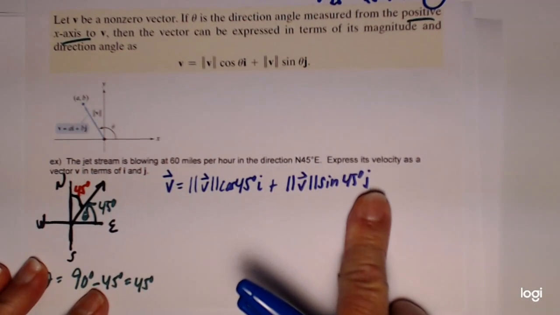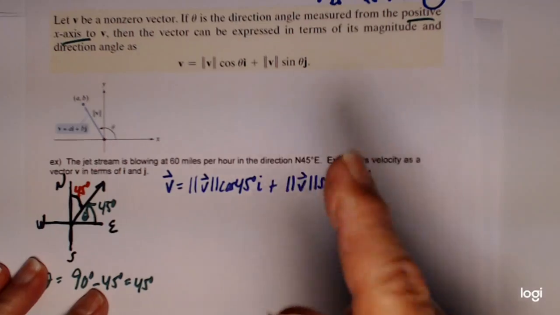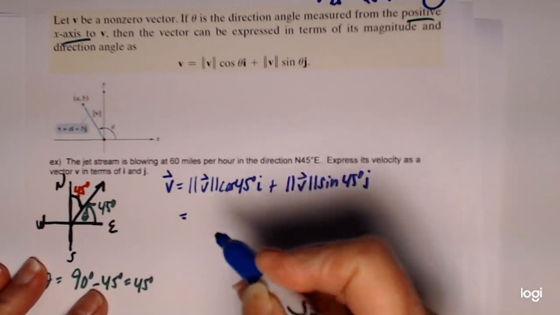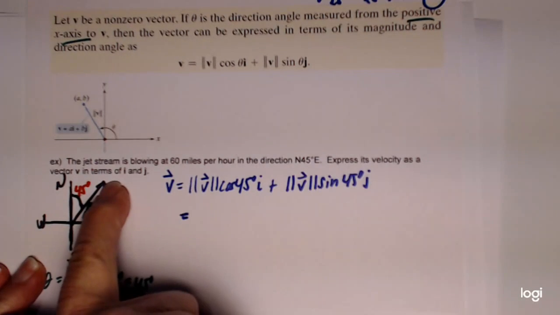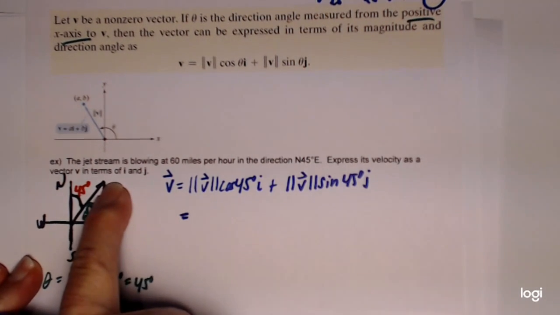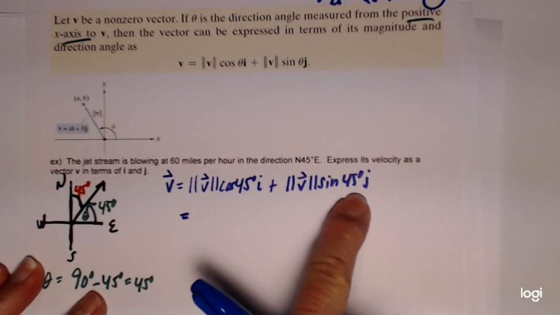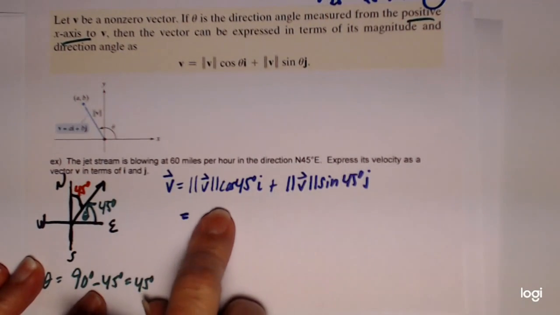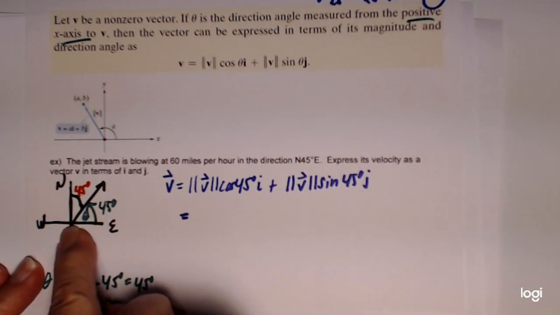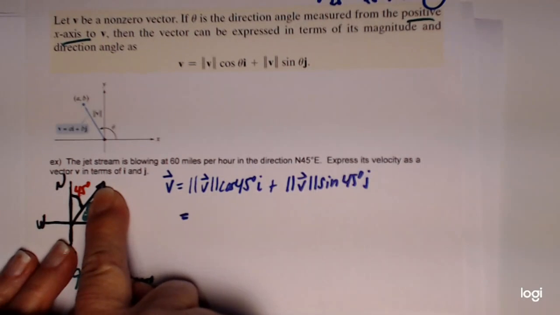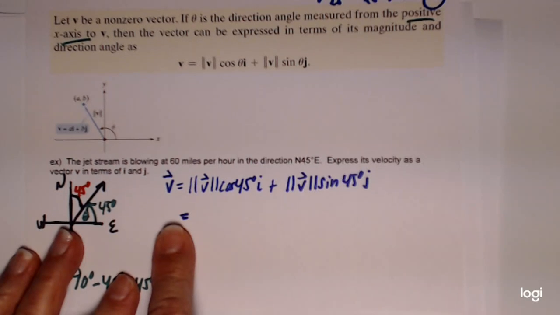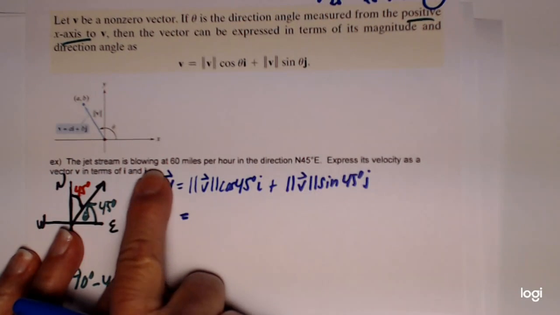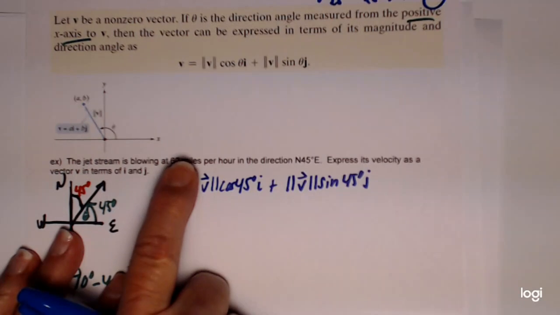So far we have this, and now let's consider what the magnitude would be. In this case, we don't have an ending point here. We don't have an A, B that we could use to stick in front of the i and the j, which is why we're using this formula here. So we can't use A, B to help us figure out the magnitude the way we have been doing in previous examples. But going back to this example, it says the jet stream is blowing at 60 miles per hour.